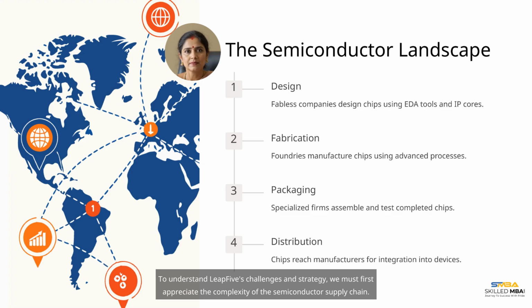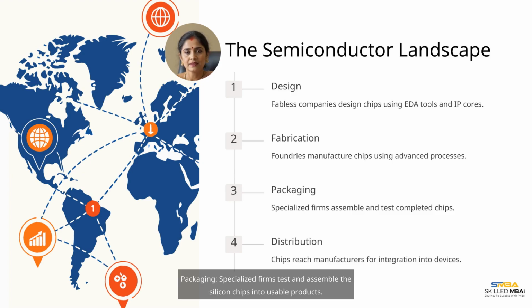To understand LeapFive's challenges and strategy, we must first appreciate the complexity of the semiconductor supply chain. Design. Fabless companies use electronic design automation, EDA tools, and licensed IP cores to design chips. Fabrication. Chip foundries like TSMC and SMIC use highly advanced nodes to manufacture semiconductors.